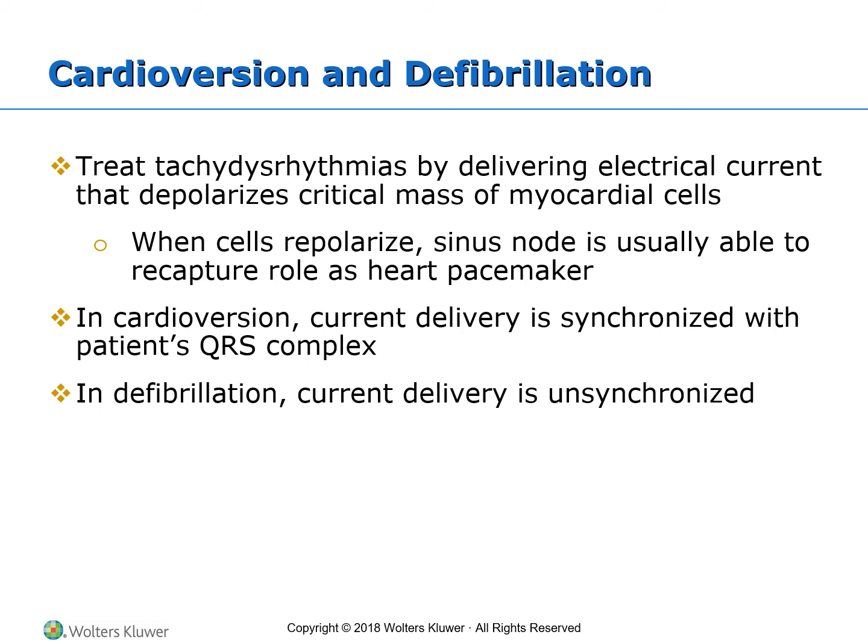Defibrillation uses a higher electrical voltage than cardioversion. So when you're looking at the defibrillator itself, if you're defibrillating, you want the synchronized mode to be off. If you're cardioverting, you use a lower electrical voltage and you want the synchronization mode to be on.